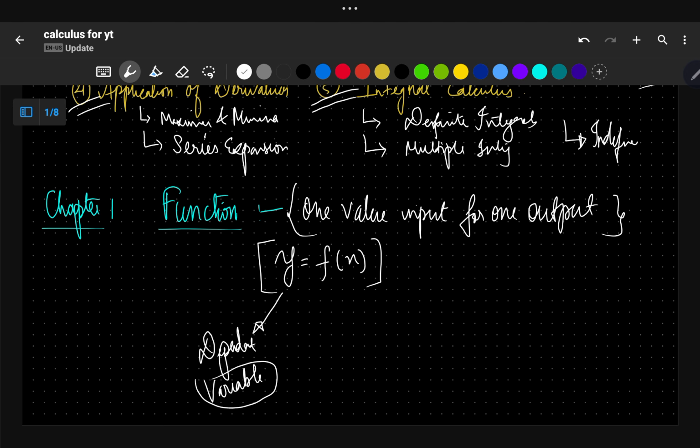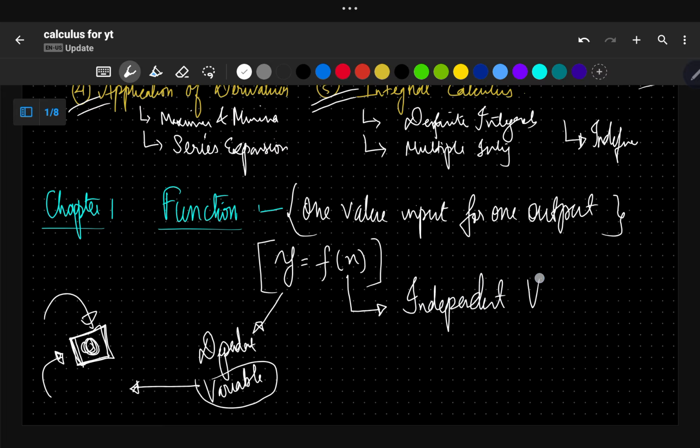Variable is like an empty space in which we put some value and it varies, right? So y is the dependent variable, and here x is the independent variable.